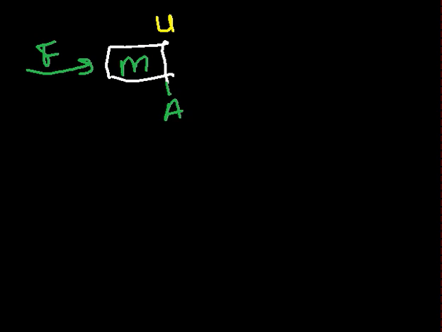Let's say the force is a constant force. Since the force has been applied, the object will be displaced to some point B, and the distance is given as S. That's the displacement that the object undergoes.